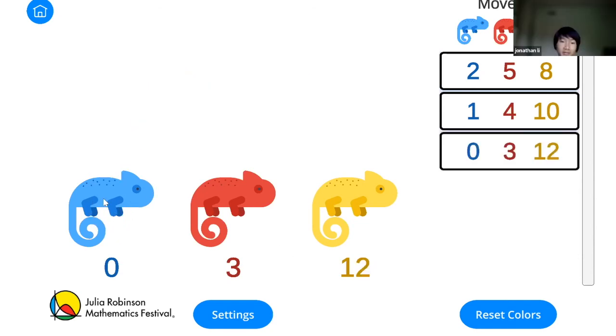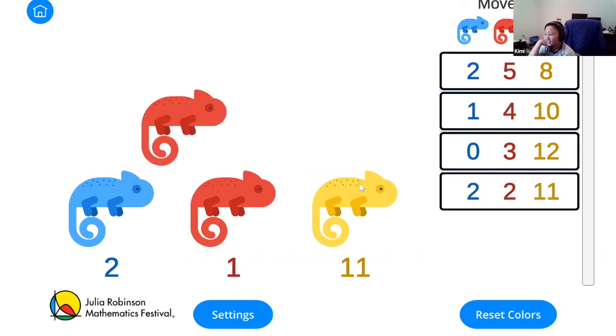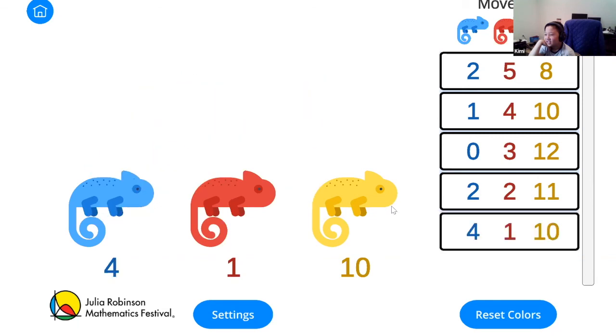Okay, we're running out of blue. I know. Wait, do we have one more blue? Oh, we have no more blue. Okay, red and yellow. So that actually gives her blue, and then red and yellow again. Red and yellow again.